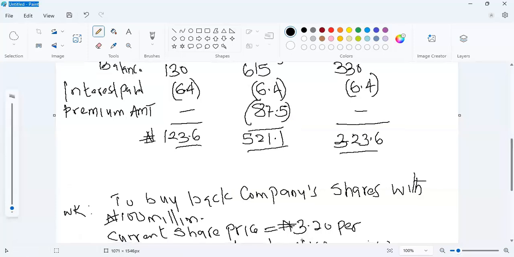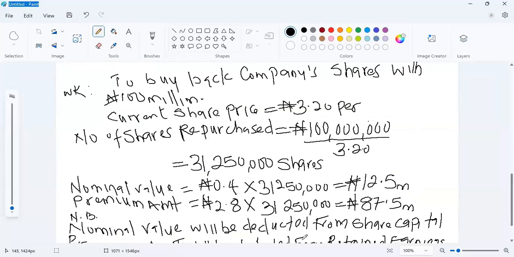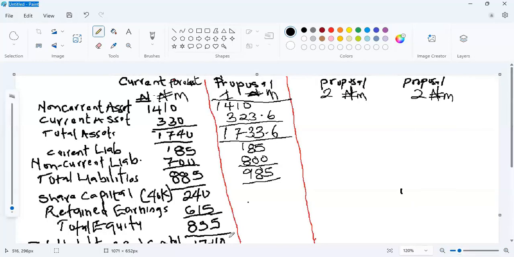Look at this note now. Nominal value will be deducted from the share capital account. 12.5 million. Deduct this from 240 million. What do you have? 240 million minus 12.5 million.